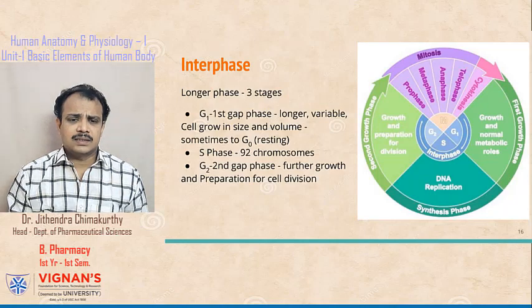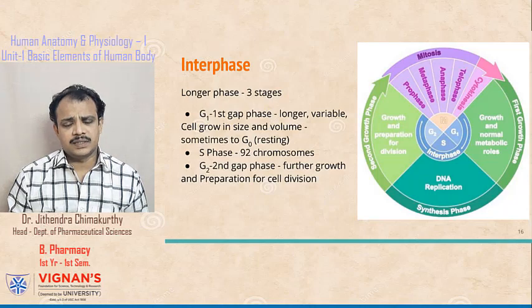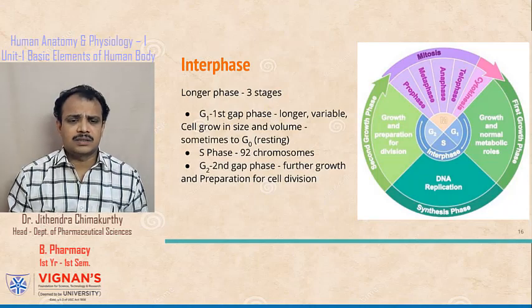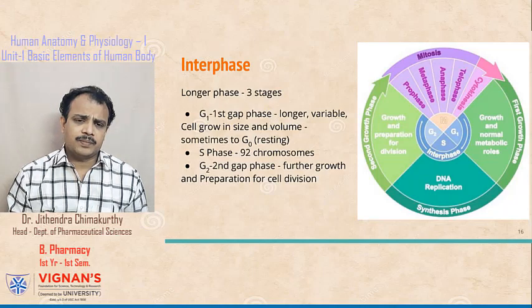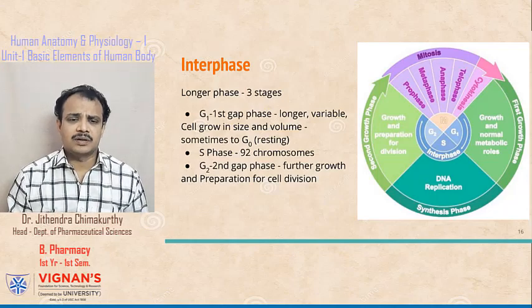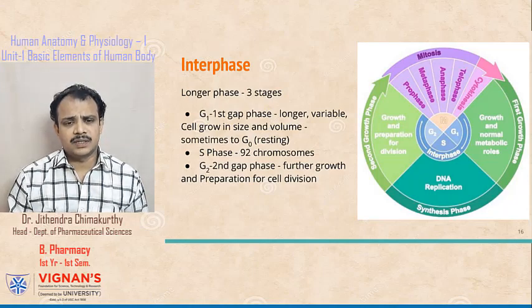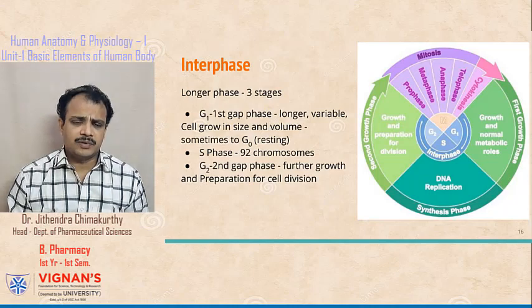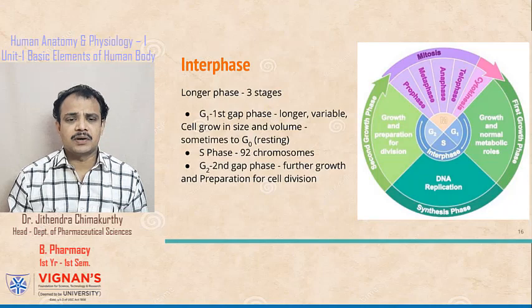This G1 phase is also the longest of the three phases, and this might not last throughout the cell cycle, because in some cases the cells might enter into a resting phase called G0 phase. If the cell does not enter into the resting stage, then it goes into the next phase, that is S phase. During the G1 phase, the cell will be carrying out its normal functions such as secretion or absorption.